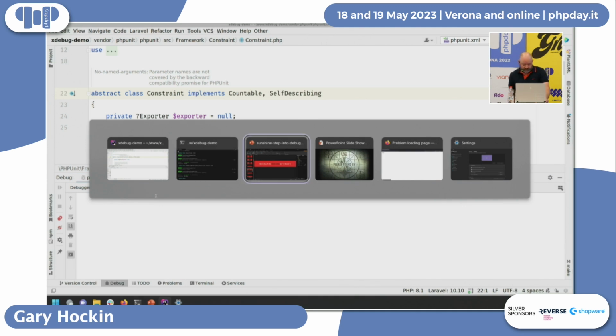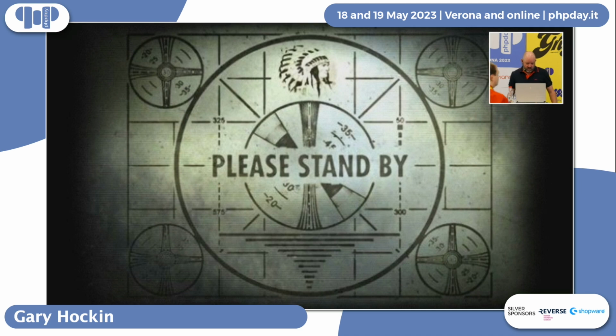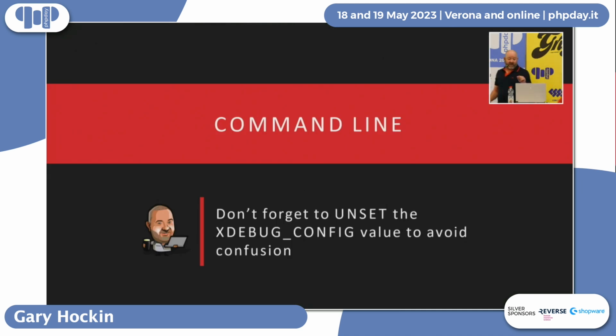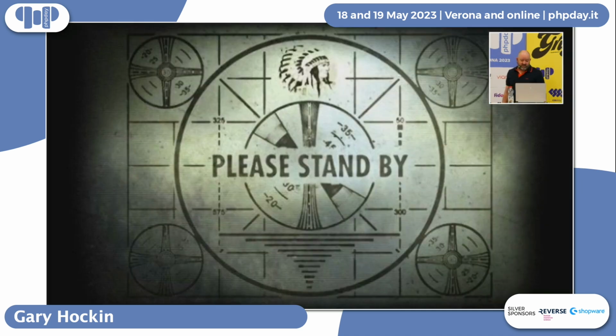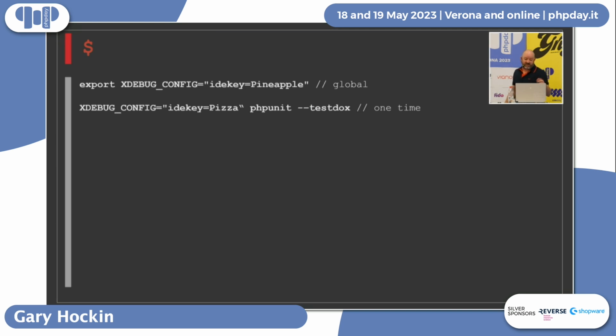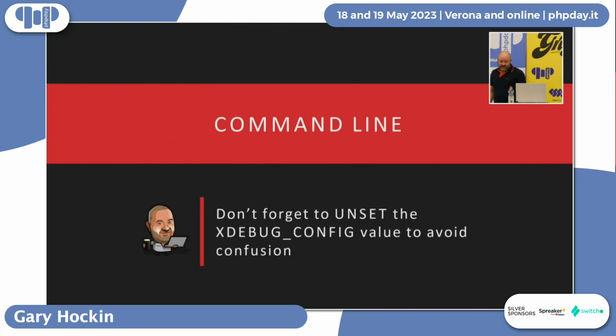Oh yeah, don't forget, if you use the global way of export XDEBUG_CONFIG equals whatever, do not forget to unset that value. Otherwise, every time you run your tests, particularly if you've got your IDE configured to pause at the first line if there's no breakpoints, you'll end up doing what I did and tweeting at Geordie saying, my composer is hanging every time I do a composer install.